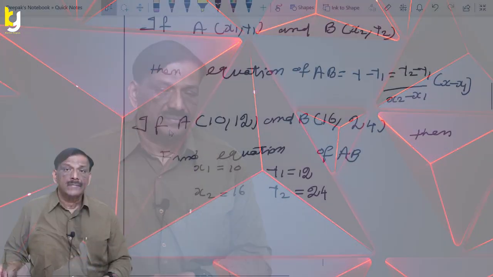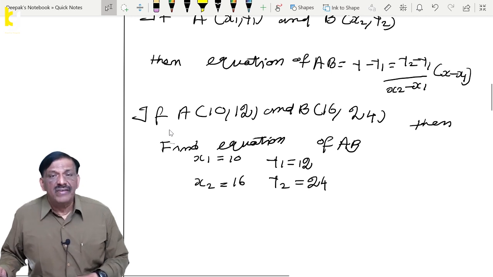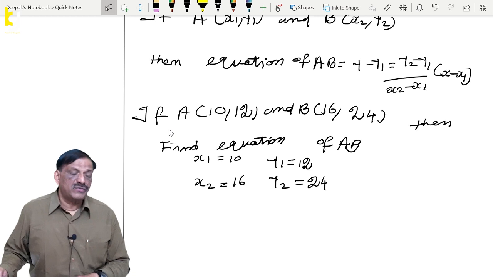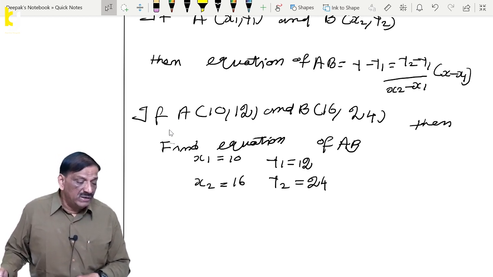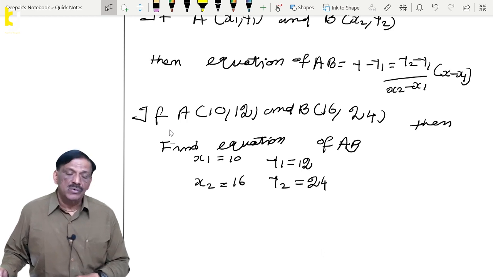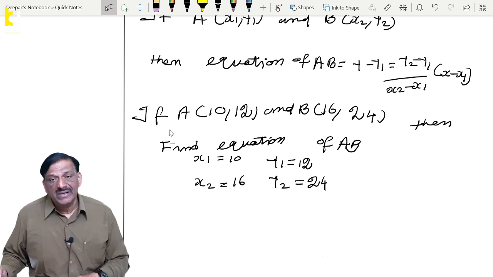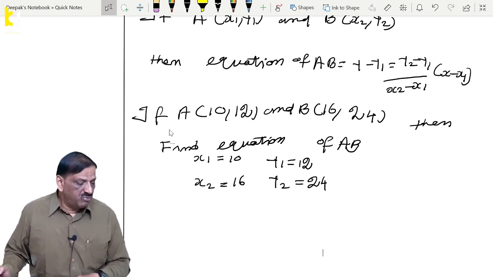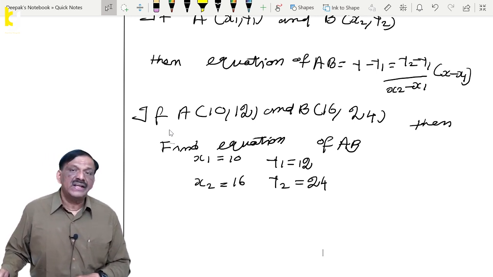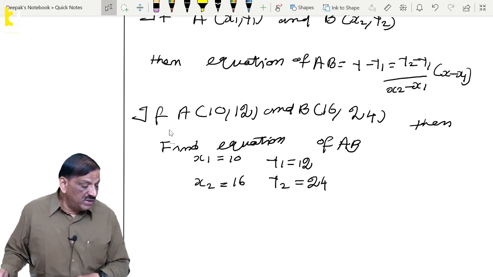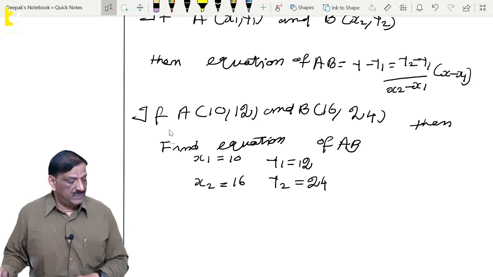Okay? Next formula is, see, if A is (x1, y1) and B is (x2, y2), then the equation of AB is y minus y1 equal (y2 minus y1) divided by (x2 minus x1) into (x minus x1). Clear? That is the formula. If A (10, 12) and B (16, 24), then find the equation of AB.